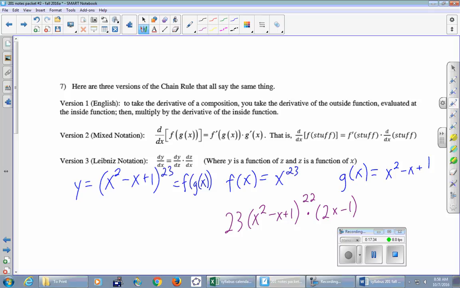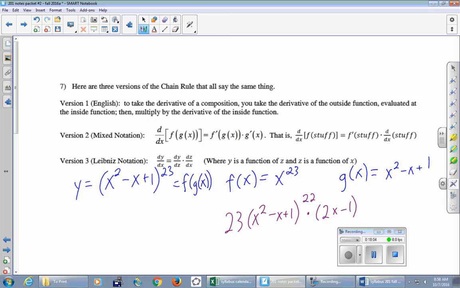All right, 2 ways to think about that same thing symbolically. First, mixed notation. There's your f of g. There's the derivative symbol. F prime of g of x. Do you guys see that that matches the derivative of the outside function? That's the f prime, but evaluated at the inside function of g of x. And then times, multiply, there's the times, by the derivative of the inside function. There's g prime, okay?